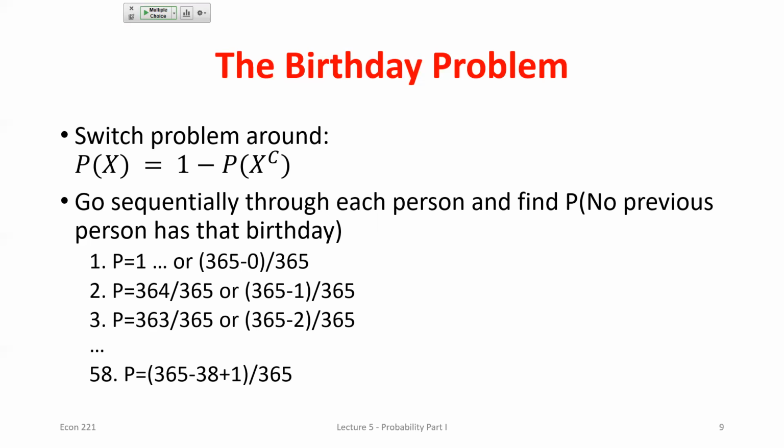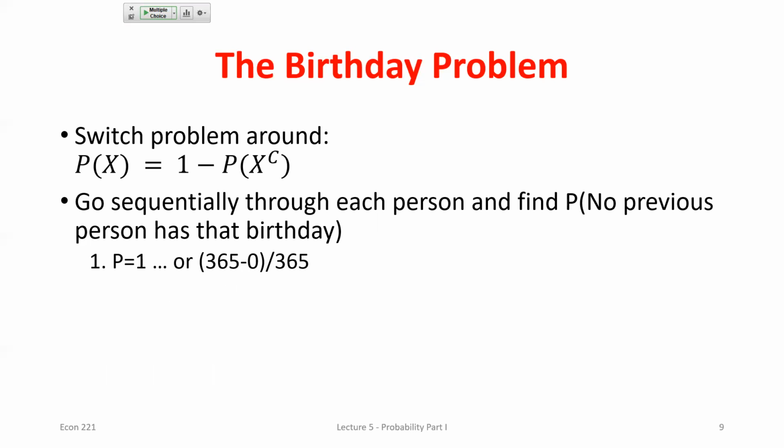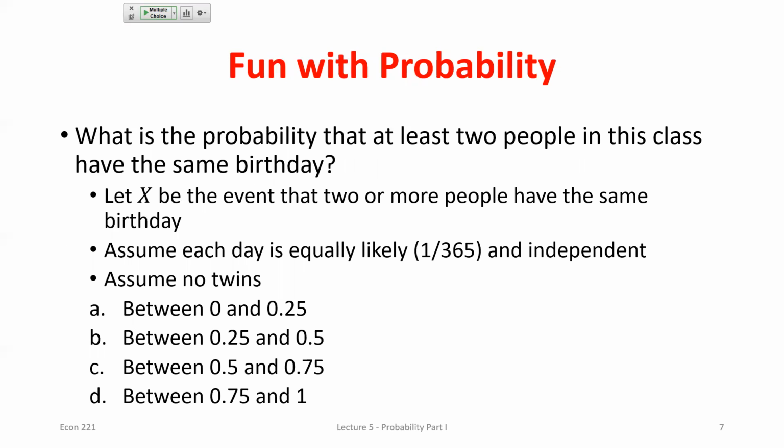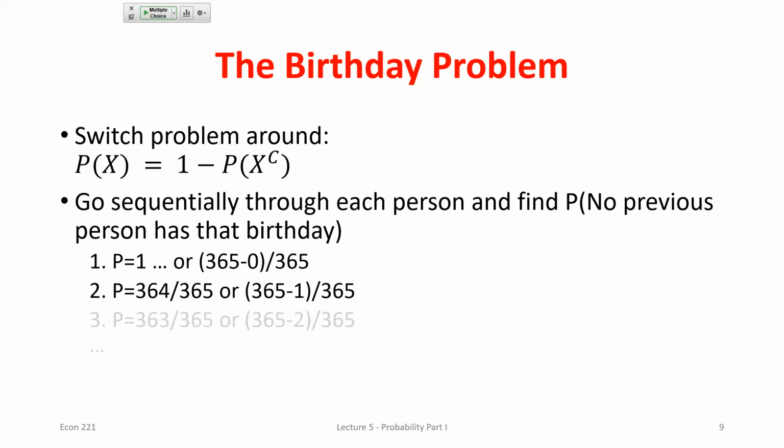That each person I'm looking at has a unique birthday. That comes from this idea: the intersection of independent events is just the probability of each event multiplied by each other. If birthdays are independent events, take the probability the first person has a unique birthday, times the probability the second person has a unique birthday, all the way down to the last person in class.